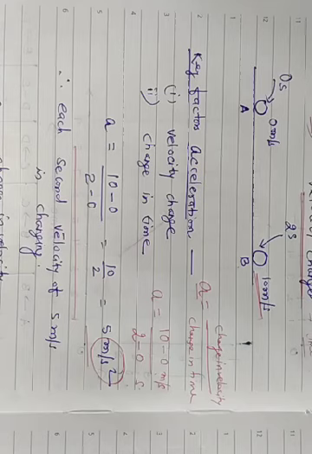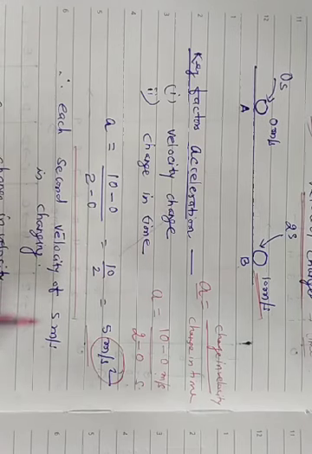Suppose that a body has an acceleration of 5 meters per second square. Explain in your words what you will write. You can say that each second, the velocity of that physical body is changing by 5 meter per second.